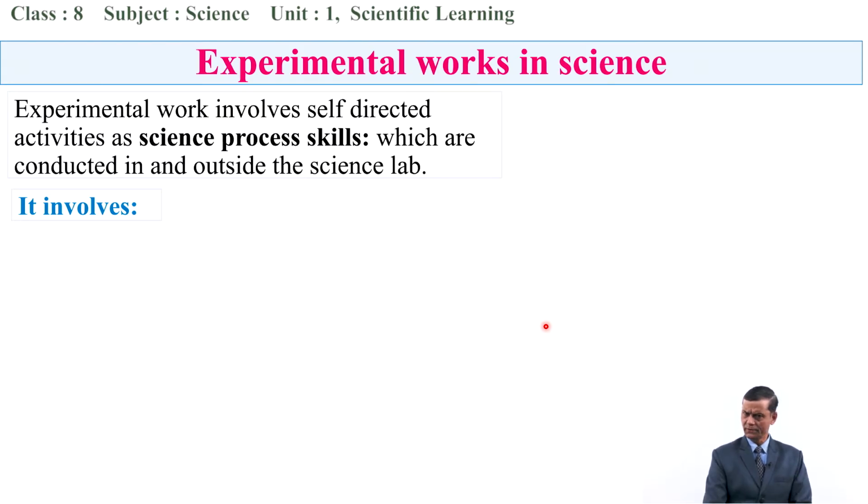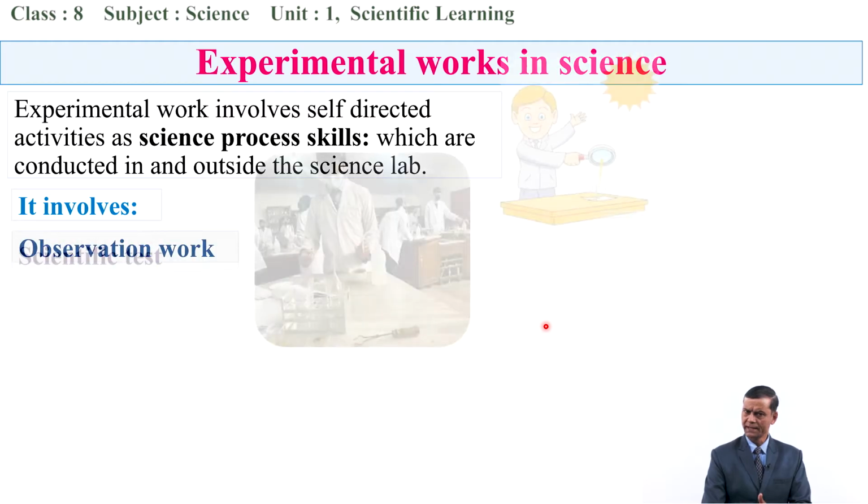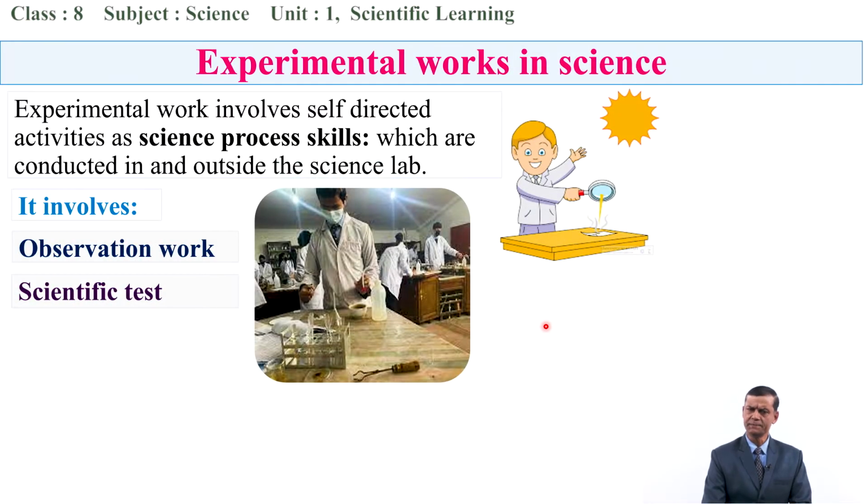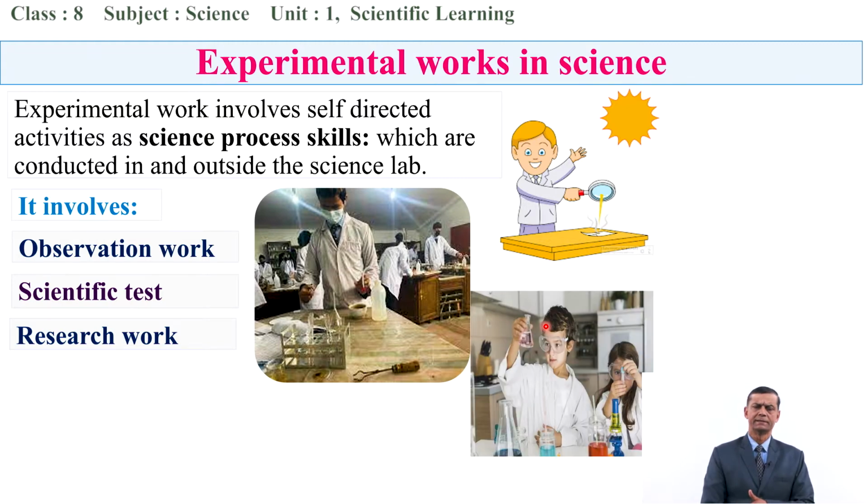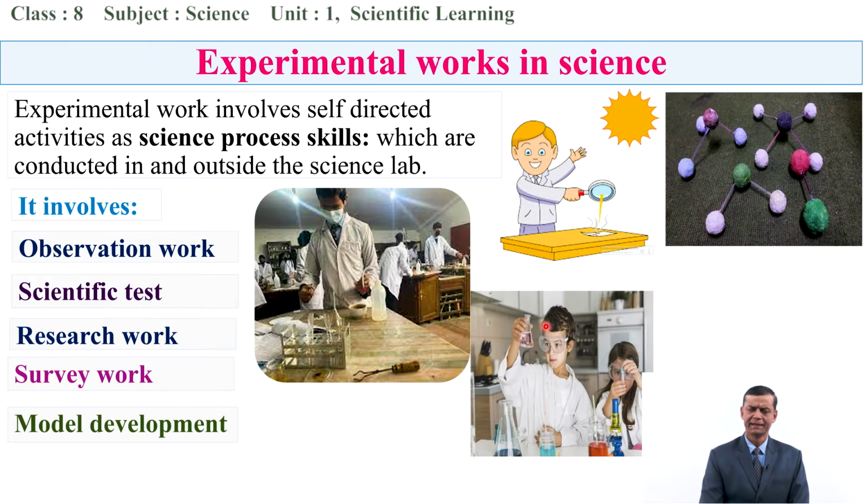Scientific work or experimental work involves observation work, scientific tests, research work, survey work, and model construction. These are the various activities involved in experimental work in science. We do research in science, and research means deeper engagement. We study deeply and try to justify the issue or problem. Similarly, we do experiments or tests.